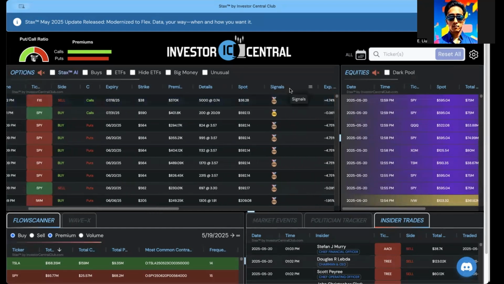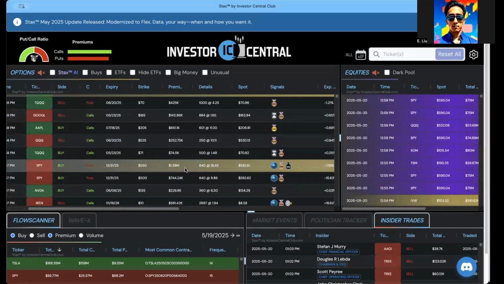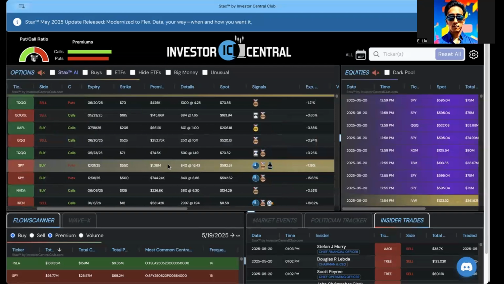We do also have emoji signals here that help you identify the characteristics of each of these options prints on a very quick basis. The big money prints will be shown here in yellow or gold.